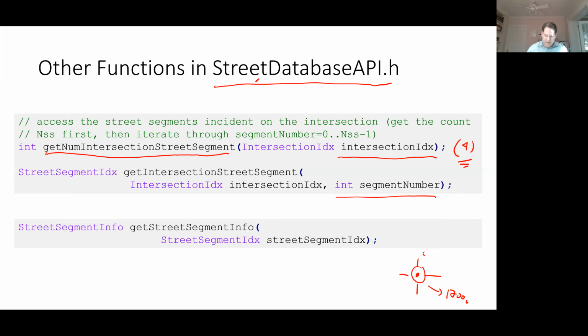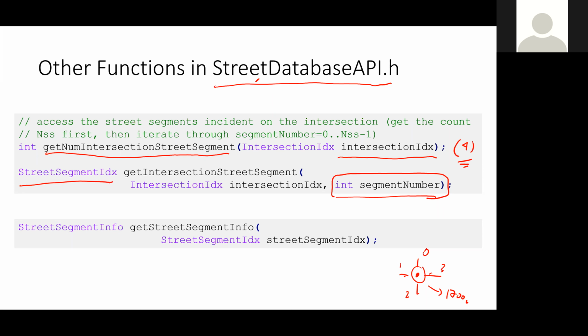So I could ask, give me the first one, so I'll pass segment number 0. Give me the second one, so I'll pass segment number 1. The third, segment number 2. The fourth, segment number 3. This segment number just allows us to ask about all the street segments that connect to this intersection. And we're always getting an ID back, which tends to be a bigger number, so this might be ID 51,000.